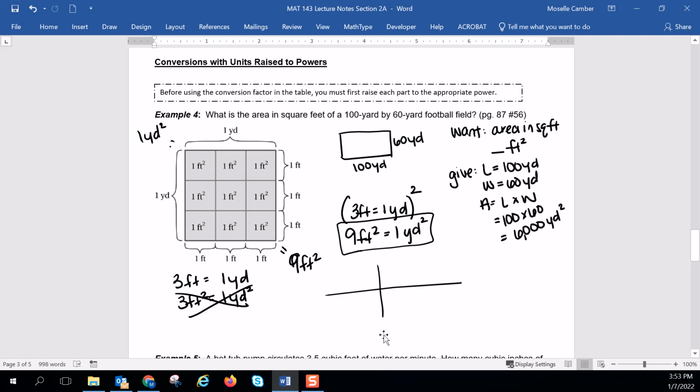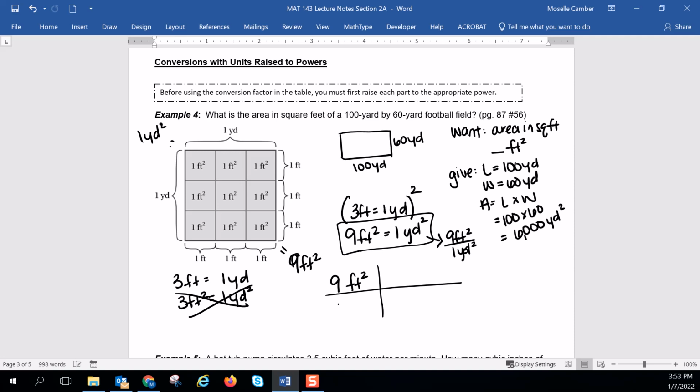So we want square feet. And in my given list I have this yard squared and I have this conversion. Note that if I were to put this in a fraction, it would be 9 square feet over 1 square yard, right? If I divided both sides by yard squared.